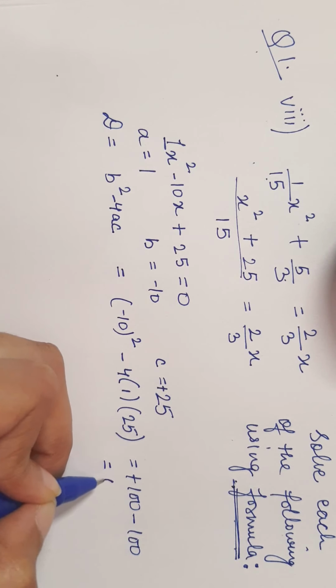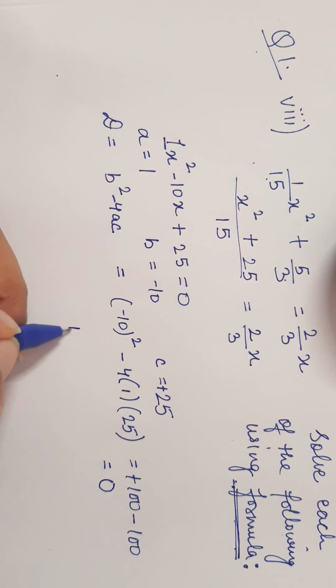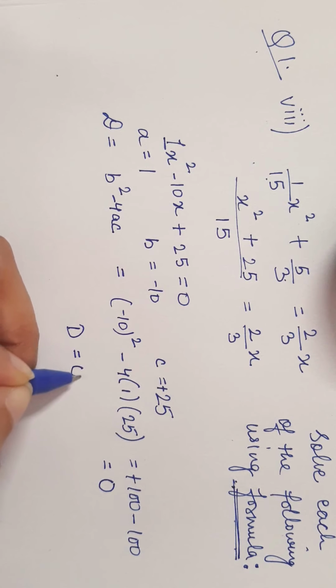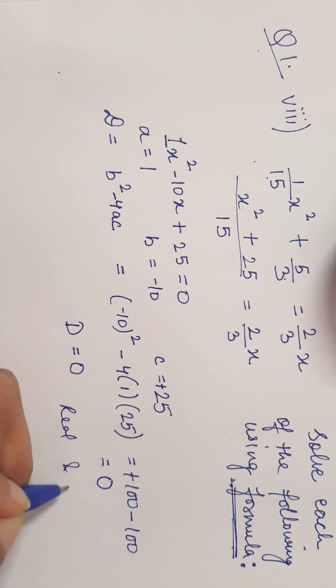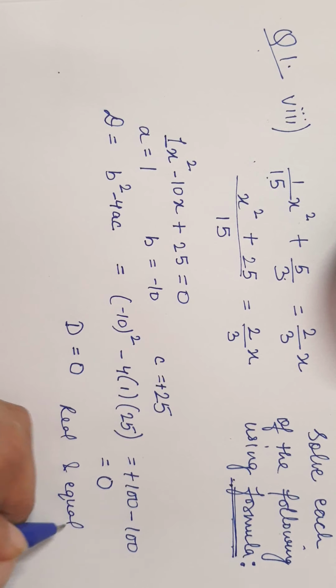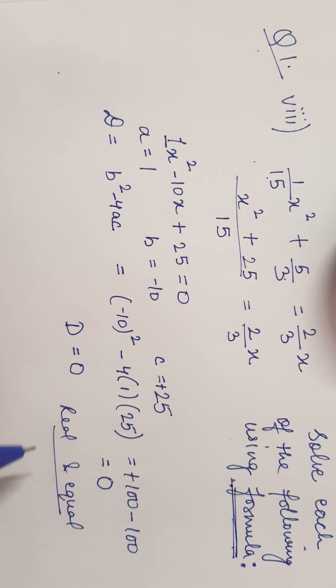So the discriminant is 0. Now if you remember the nature of the roots when the discriminant is equal to 0, yes, you're right, the nature is real and equal. So whichever answers you get, they will be the same for sure.